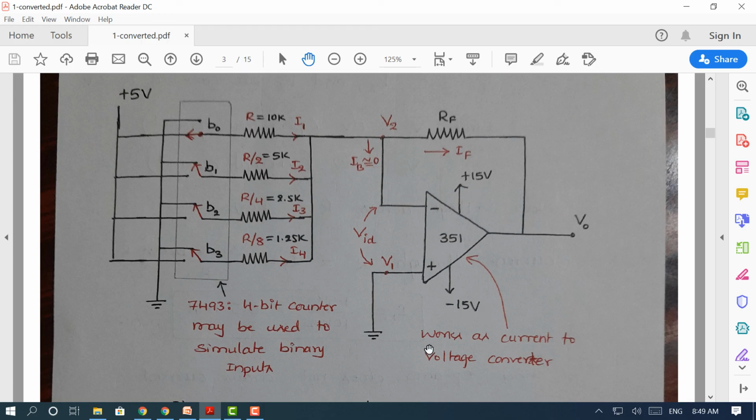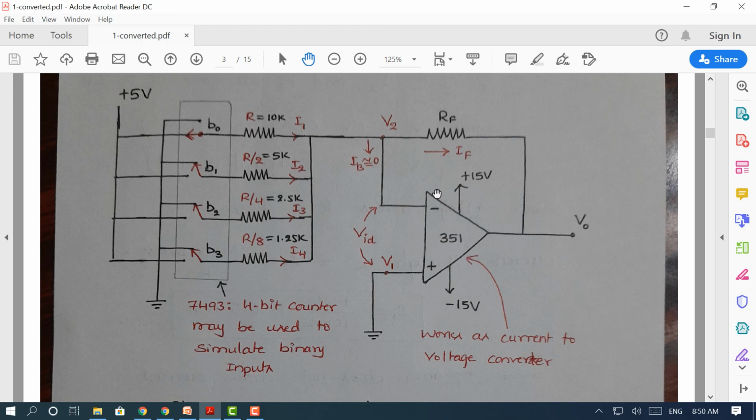These voltages can be varied according to the manufacturer specifications. This can go from plus or minus 5 volts up to plus or minus 22 volts. In this example, we have taken plus or minus 15 volts for normal circuit operation.